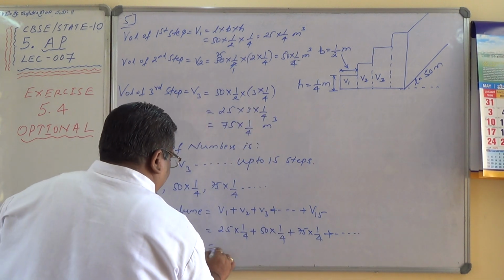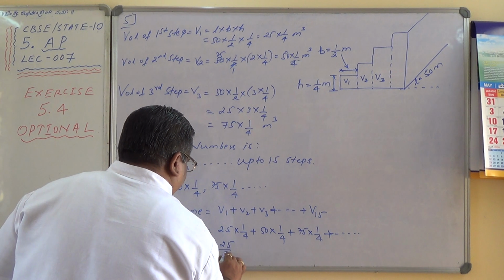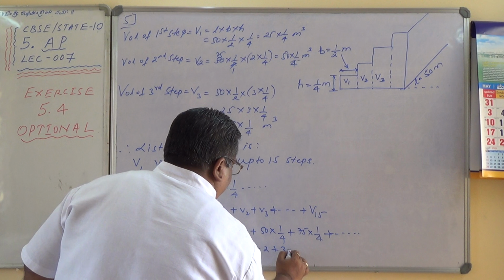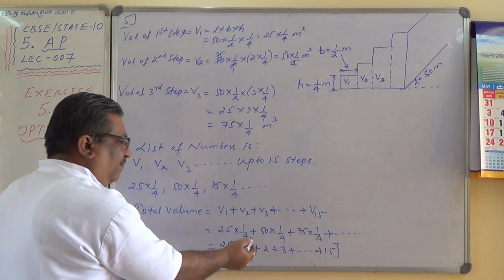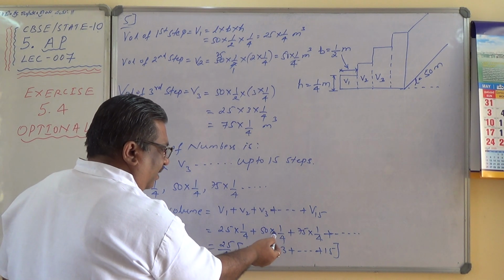Now check this down. What is common here? I'll take 25/4 as common. So 1 plus 2 plus 3 plus up to 15, isn't it? Because see here 25/4 is common over here.